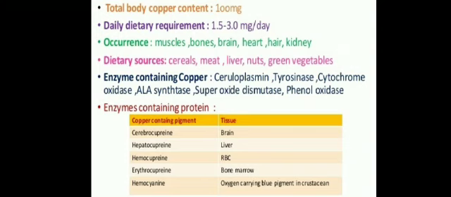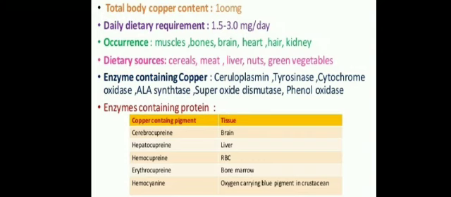Various enzymes playing an important role in the various metabolisms in our body include ceruloplasmin, tyrosinase, cytochrome oxidase, ALA synthase, superoxide dismutase and phenol oxidase. Copper is also present as part of proteins in various organs of our body.